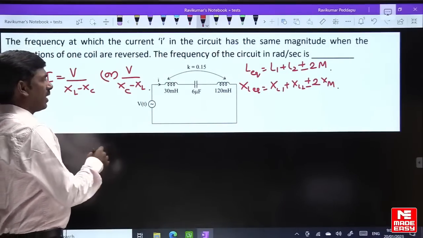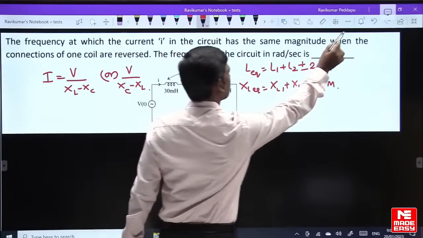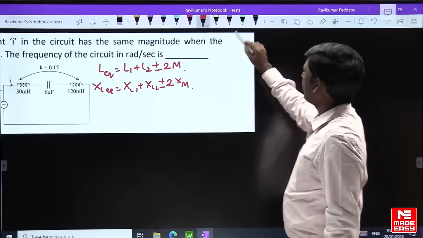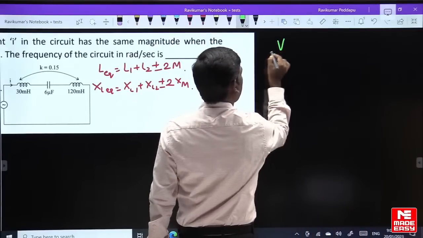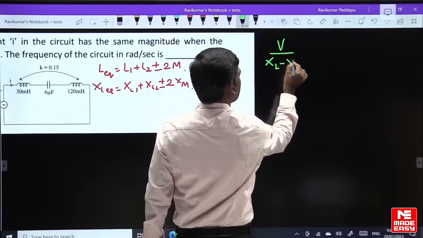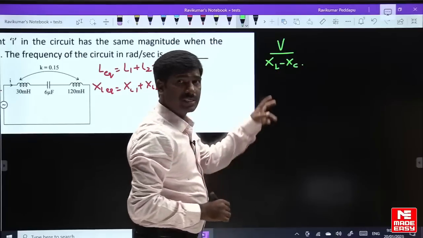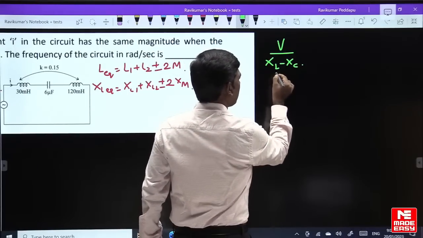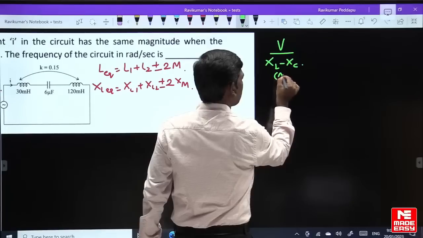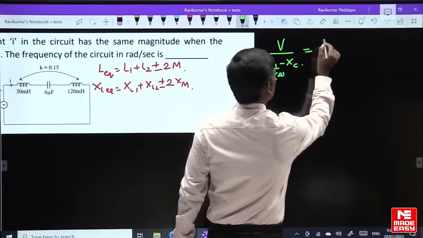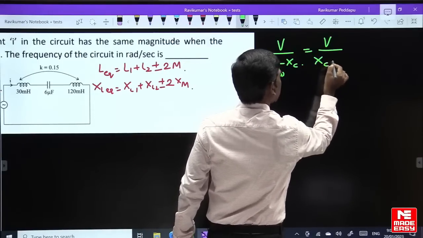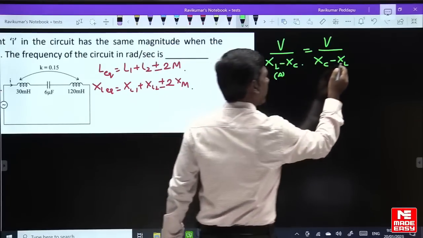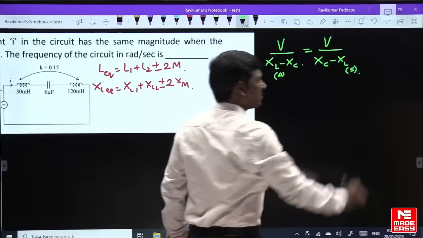So both are equal means V by XL minus XC, in this case XL is greater than XC. That means this is an additive polarity, is equal to V by XC minus XL after reversing the coil, this is XL, I call it XLS.